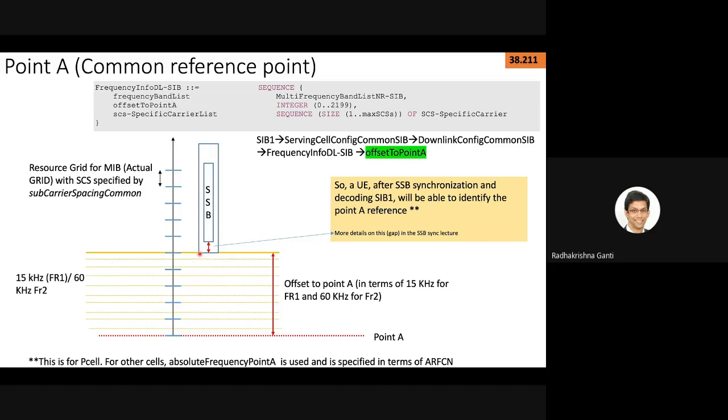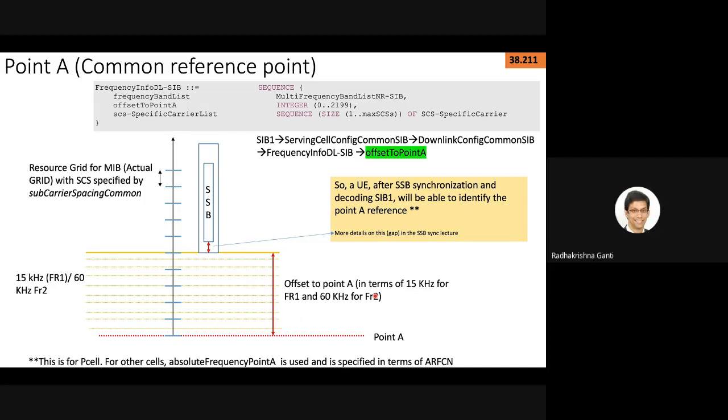Once you know the SSB, the lowest subcarrier of the SSB relative to point A is the offset to point A. How the SSB is transmitted with respect to the raster, we'll do in detail when we do the SSB, which is the next part. One thing you should remember: for FR1, 15 kilohertz is the basis for the offset, and for FR2, 60 kilohertz, irrespective of what you use for the actual transmission.